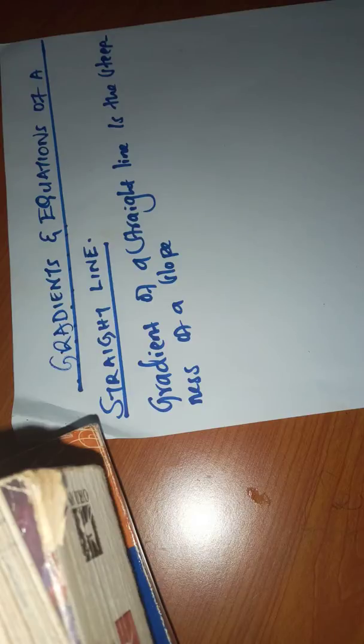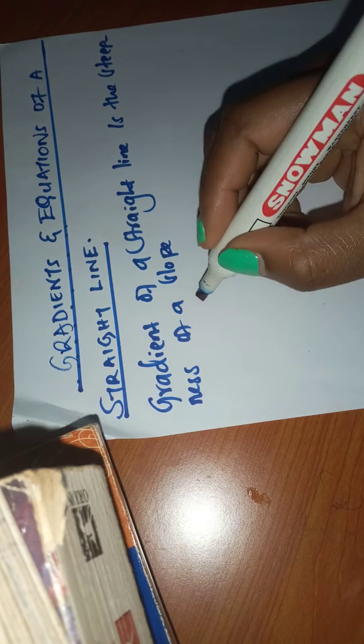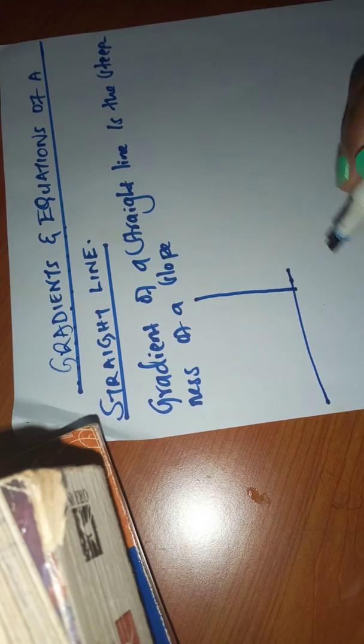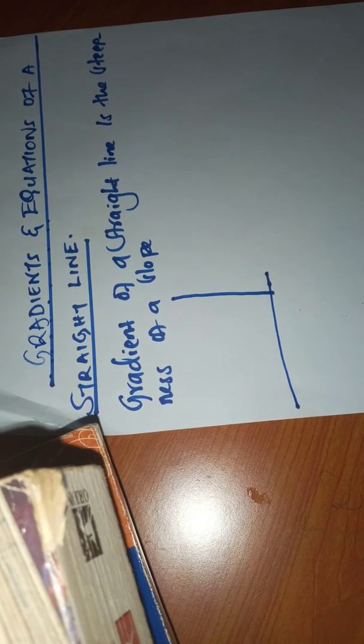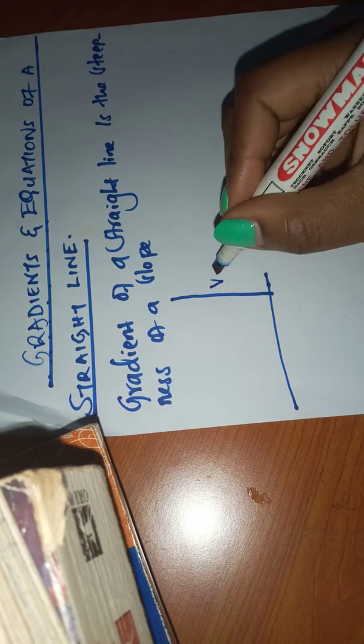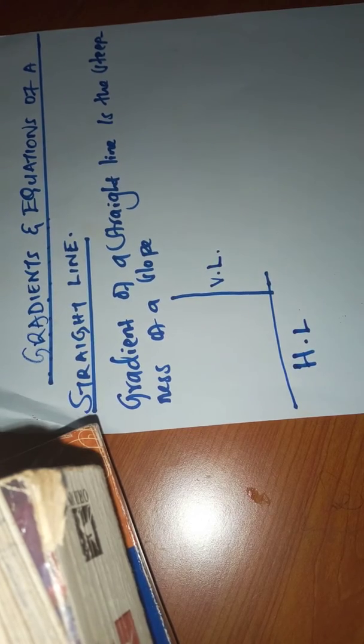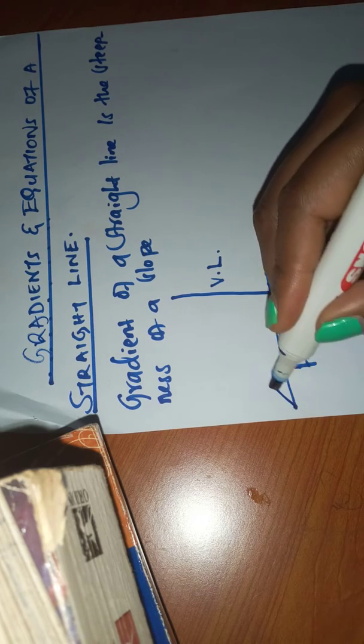But to talk about that slope, there must be an imaginary vertical line like this, and an imaginary horizontal line, which maybe is the sea level. So we have a vertical line somewhere that is imaginary, and a horizontal line somewhere, and our slope is right there.